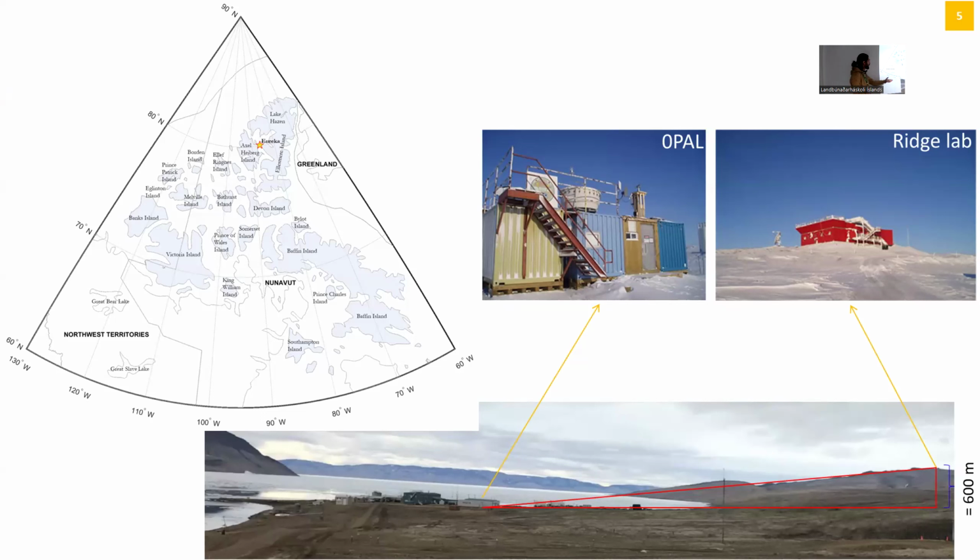This observatory has two main stations: OPAL at 10 meters above sea level, and Ridge Lab at 615 meters above sea level. Comparing the optical measurements at these two sites gives us information about the dust events happening at low altitude between those two elevations.